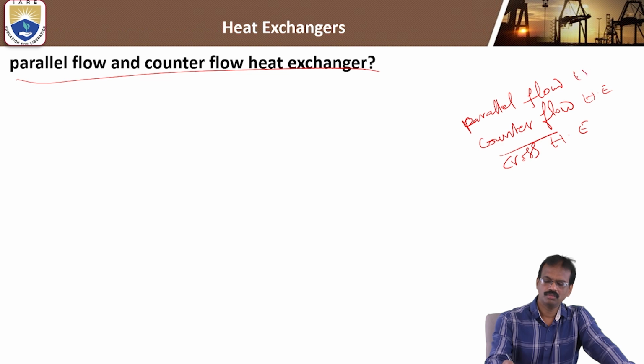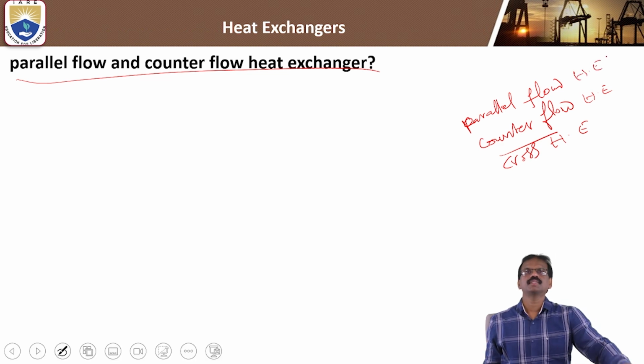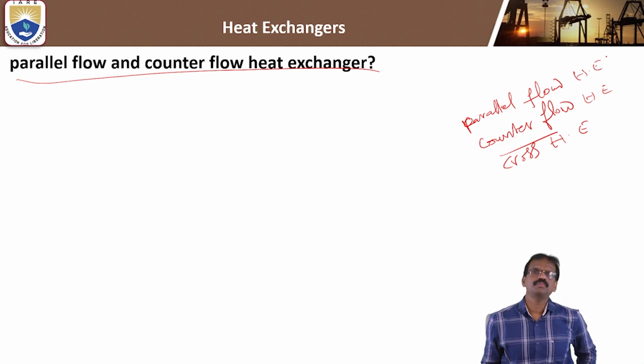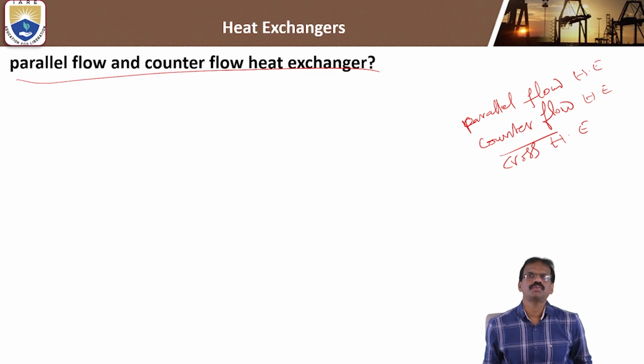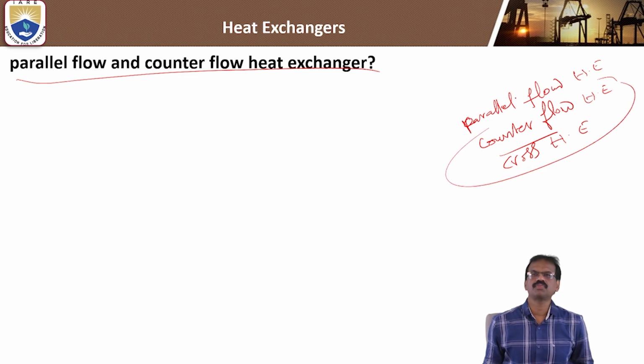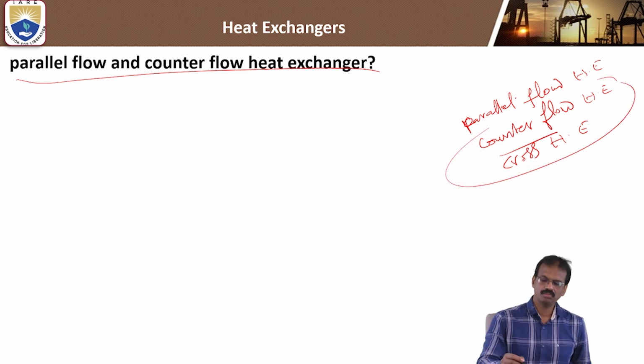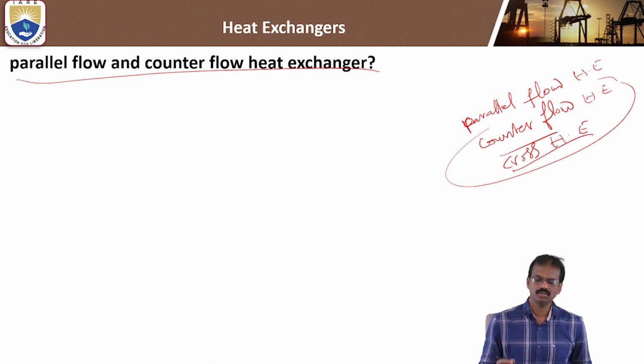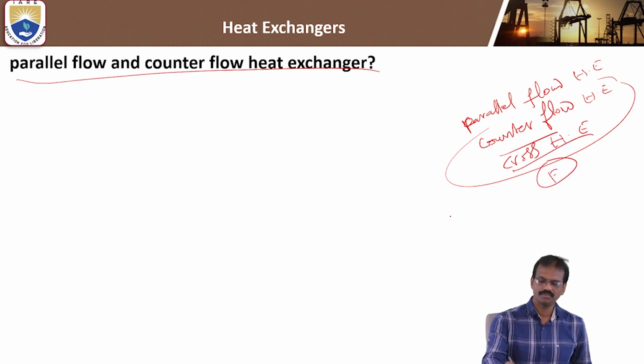We'll see what is the importance of these, and we'll study mainly these types of heat exchangers: parallel flow, counter flow, and cross flow. Counter flow and cross flow are the same, but in case of cross flow, we'll take some view factors and correction factors.